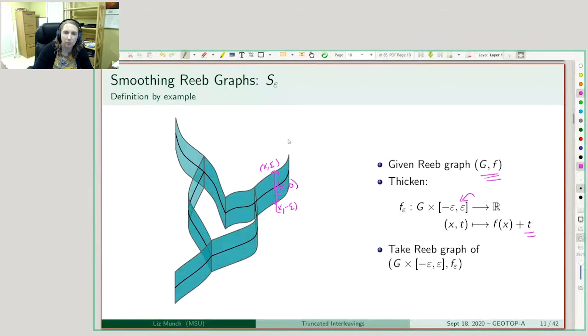So if I draw my pictures this way, my function is still given by height. So for this particular example, f epsilon of x epsilon should be f of x plus epsilon, whatever this height is, because this thing should be f of x, and this distance is epsilon.